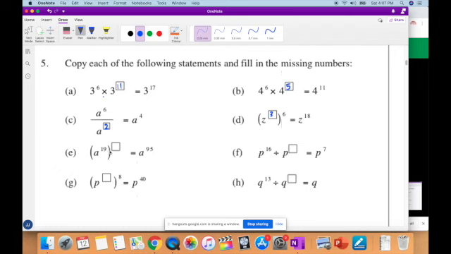Over here I have to multiply the indices. So where's this 95? So 95 divided by 19 is what? 5. So this here is going to be 5, right? Over here, there is a divide sign, so you have to minus the indices.